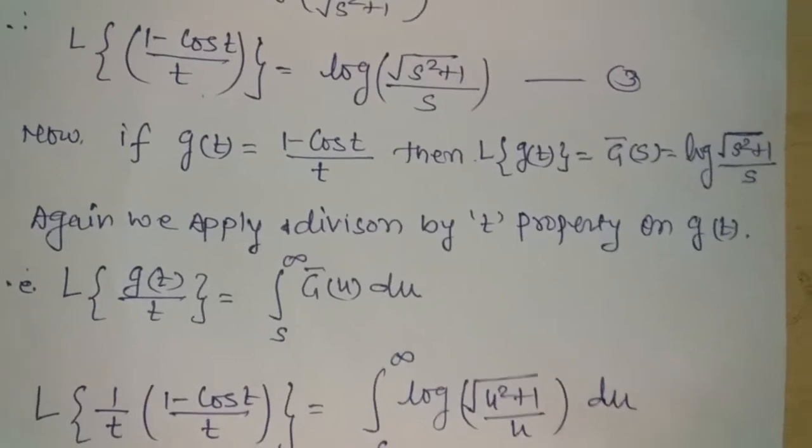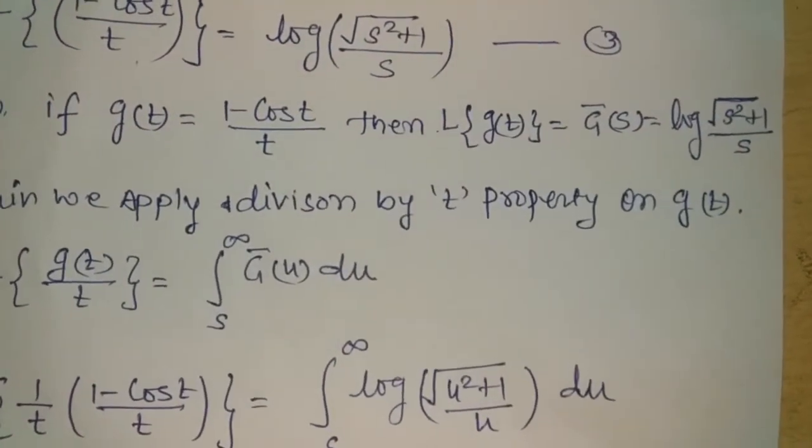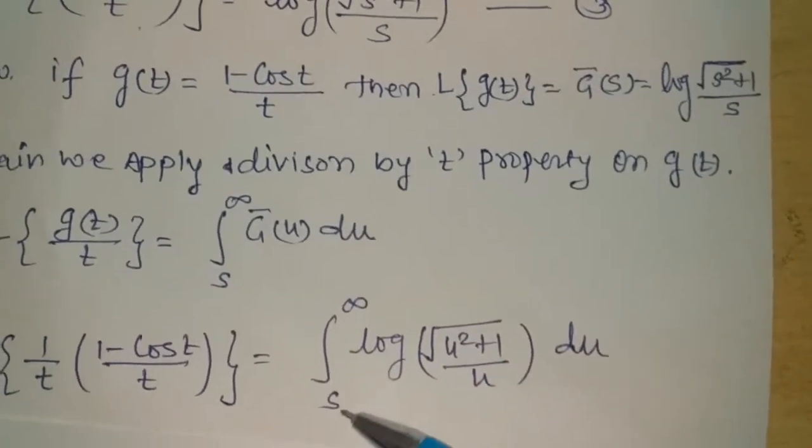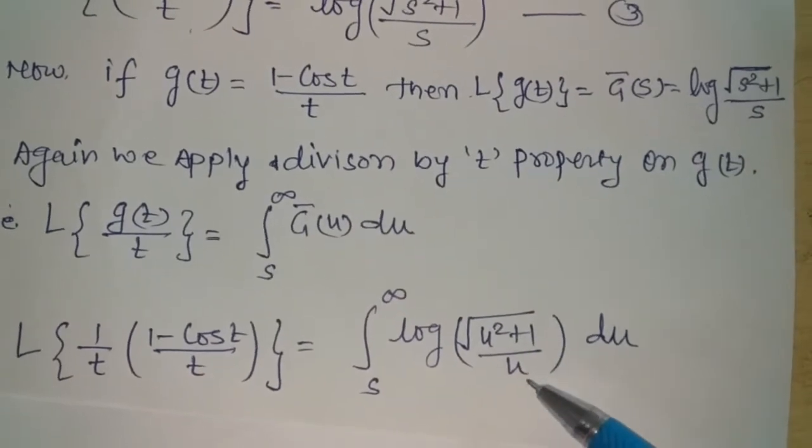So g bar(u) is log of square root of u square plus 1 by u. So we have the integral from s to infinity of log of square root of u square plus 1 by u du.